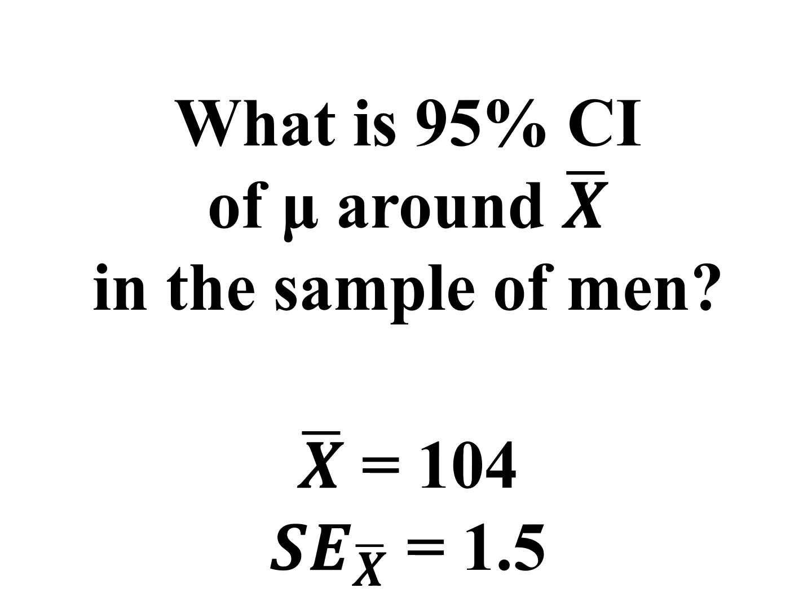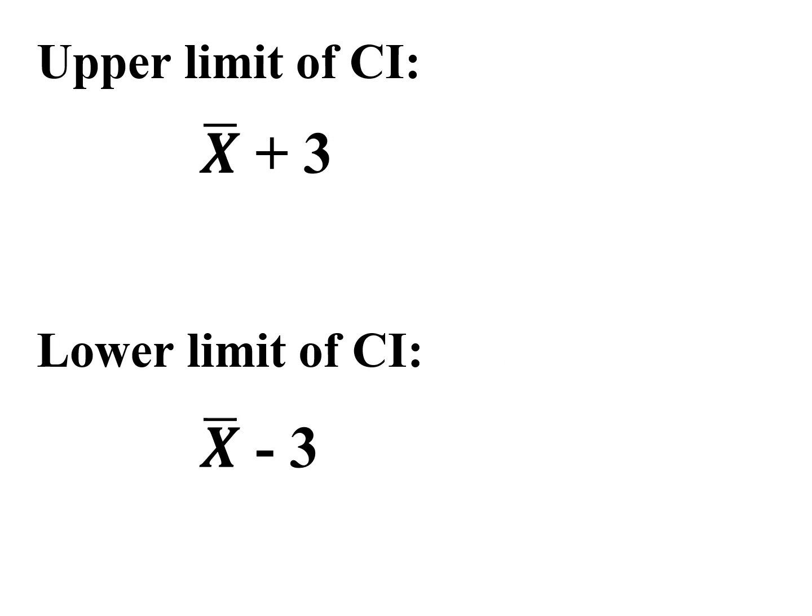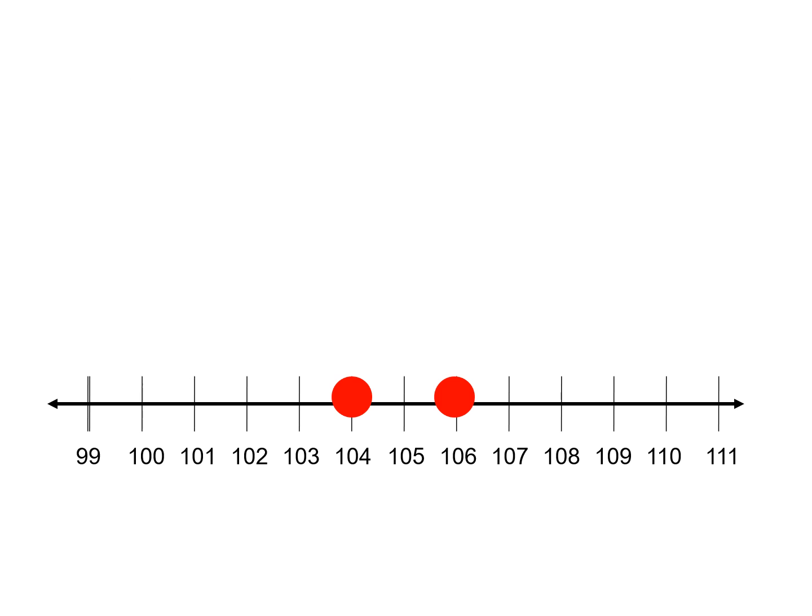So with these numbers, we can calculate the confidence interval. The upper limit of the confidence interval is the mean plus 2 standard errors, and the lower limit is the mean minus 2 standard errors. The standard error is 1.5. So the upper limit is the mean plus 3, and the lower limit is the mean minus 3.